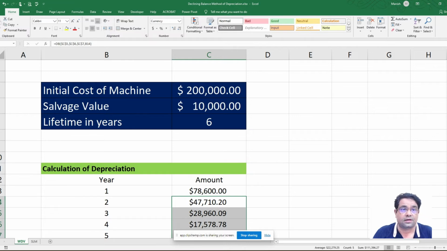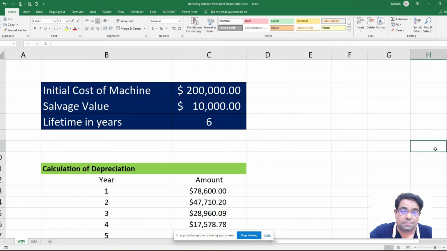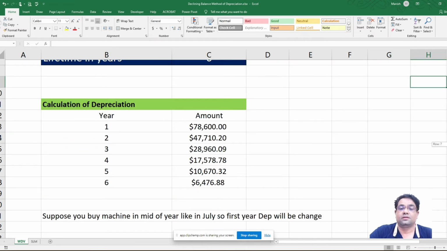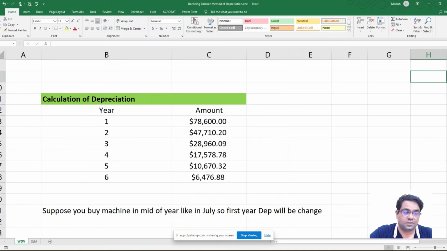Some, like in India, use the accounting year 1st of April to 31st of March of the next year. I'm taking the example of the accounting year 1st January to 31st of December. This depreciation works when we buy the machine on 1st of January in the first year.